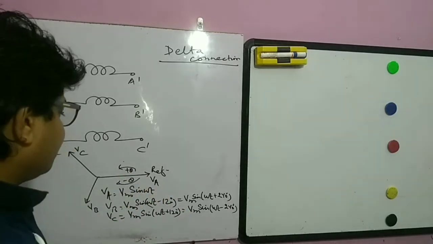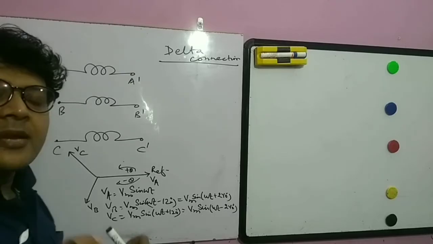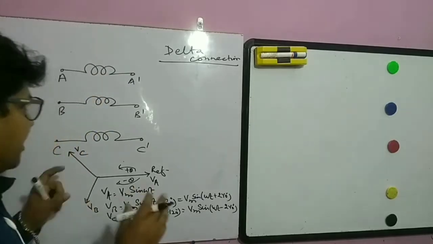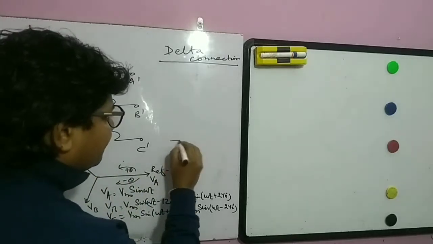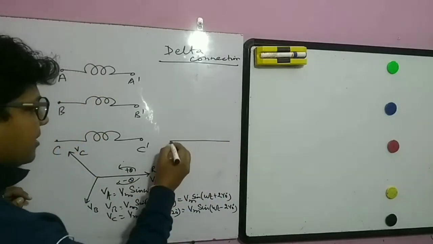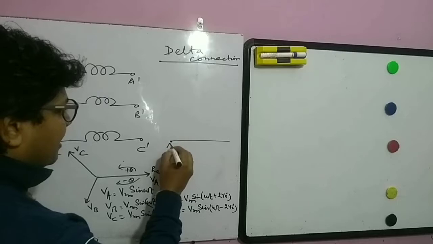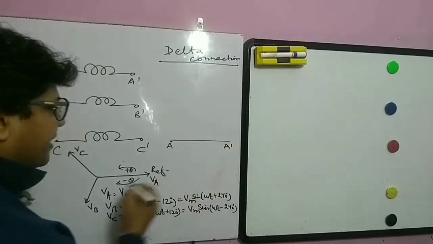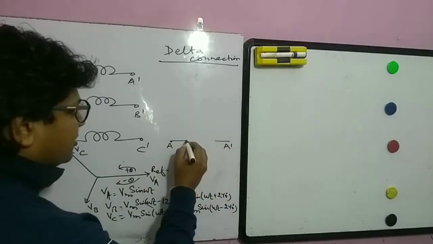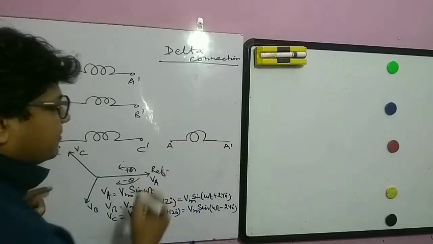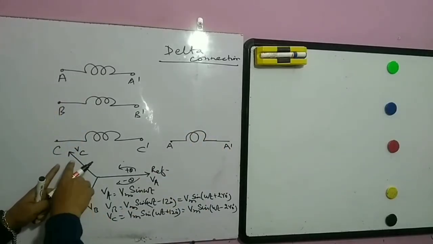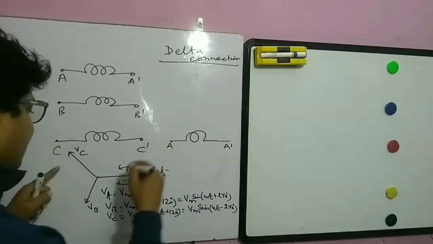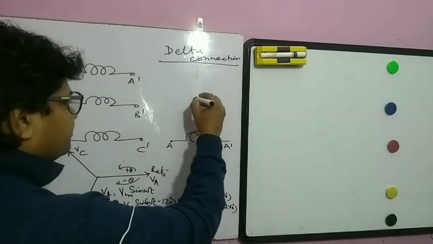So what we have to do is form a delta. I am taking it according to this phase sequence. Here we have got VA, so I am taking A dash, right? This winding is our A dash. Fine. Now I have to take this VC, so VC you can take like this.